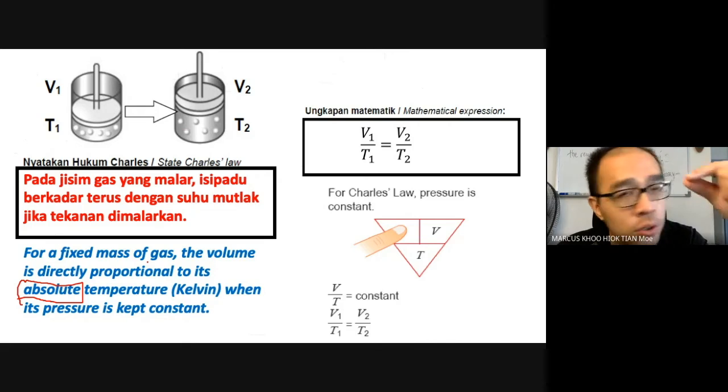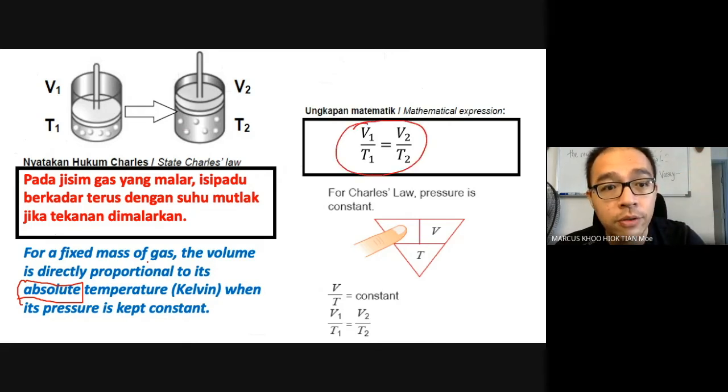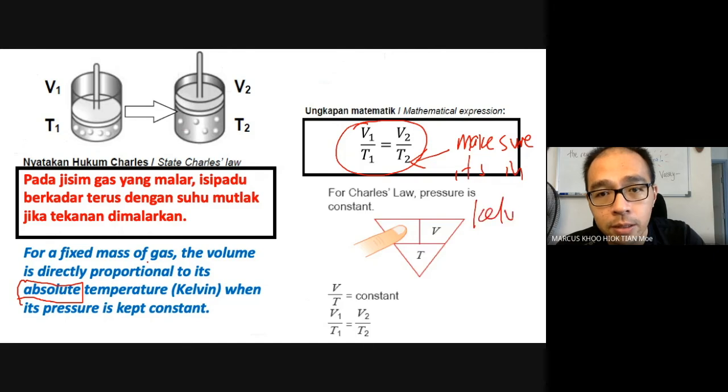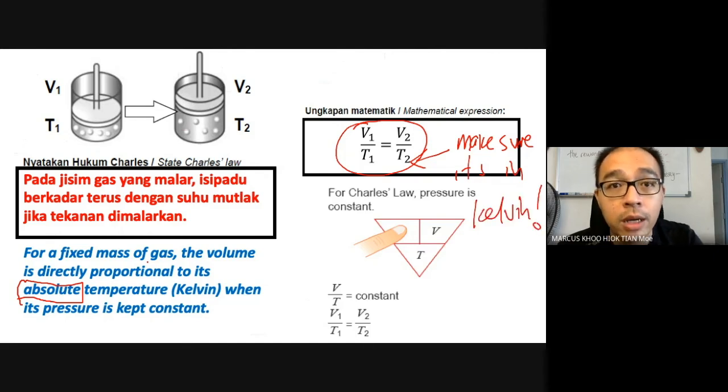We never use degrees Celsius for this formula. So the formula that relates Charles' law is V1 over T1 equals V2 over T2. Then this temperature, put an arrow or something over here. Make sure it's in Kelvin, because if you don't change it to Kelvin, your answers will be wrong.